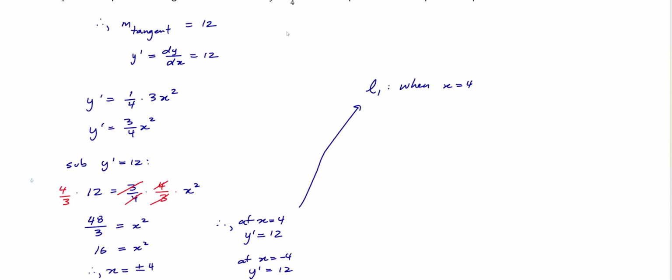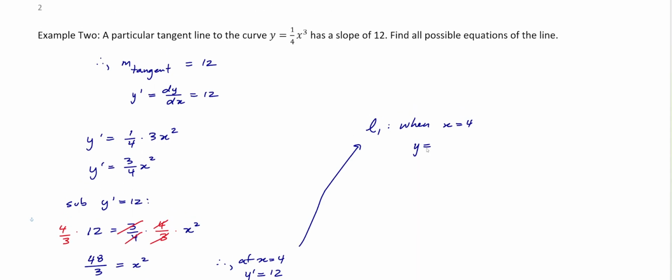So y is equal to 1 over 4 times 4 cubed, and so y is equal to 16. So therefore, my point on this line is (4, 16).